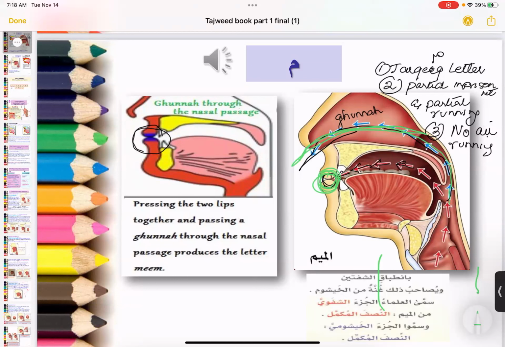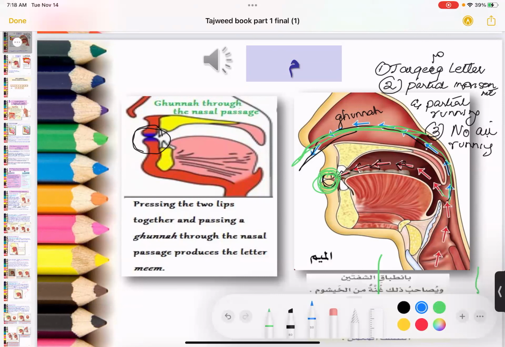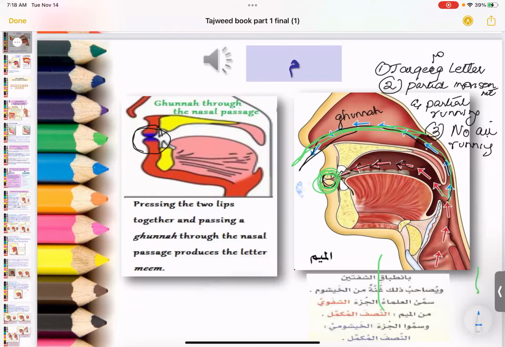It's shut at the lips here, but it travels over here. It's traveling in the nasal cavity. So that's the reason why they say there's partial imprisonment of the sound and partial running of the sound.